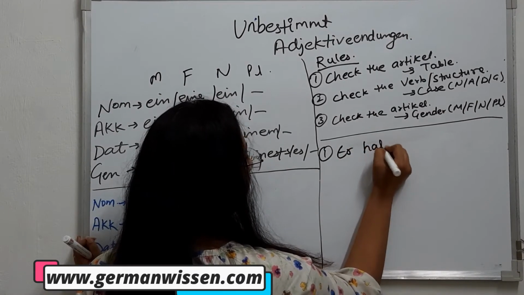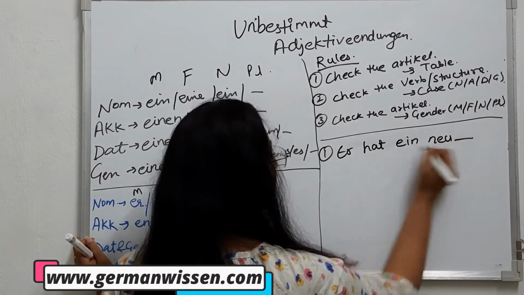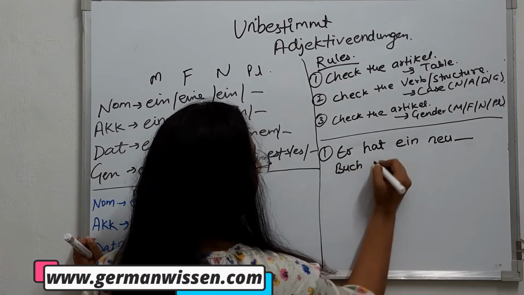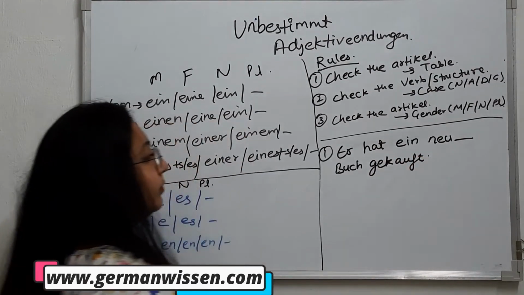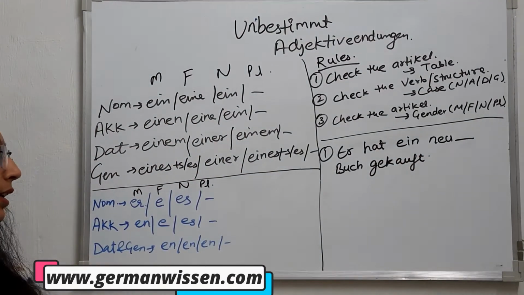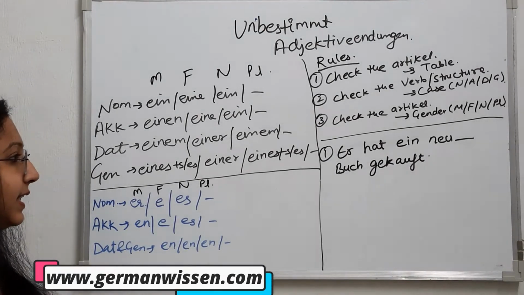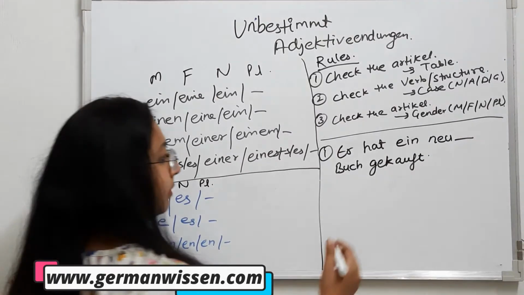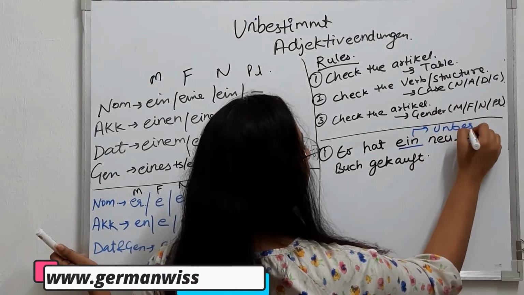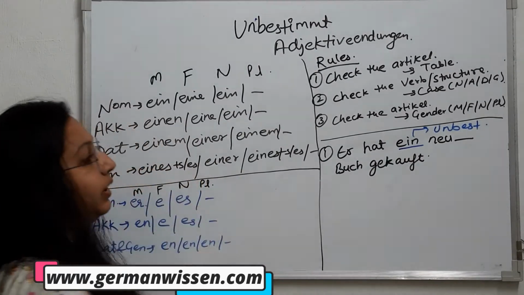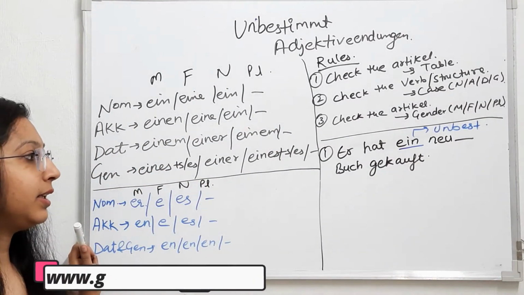Er hat ein neues Buch gekauft. So, as per the rule, check the article. Obviously, the article here is ein. So we can say it is an unbestimmt table, and we have to follow the unbestimmt adjective Endungen table. Now, the second rule is check the verb or sentence structure.